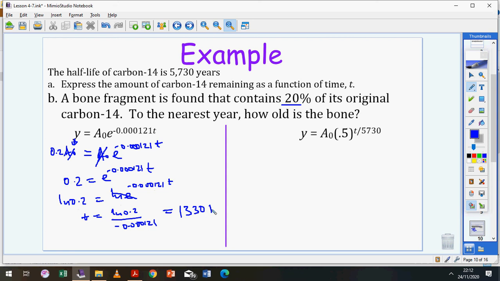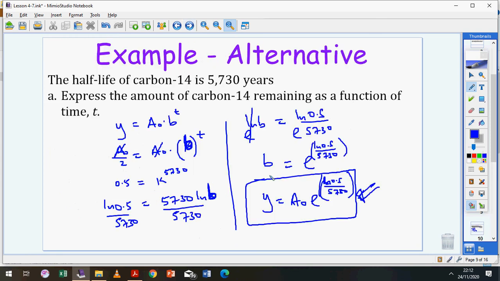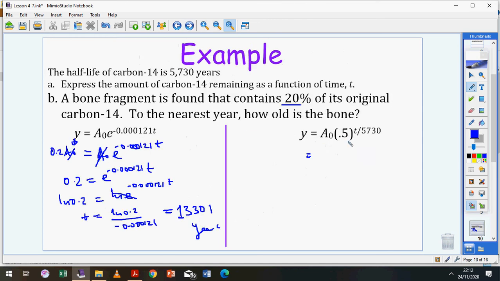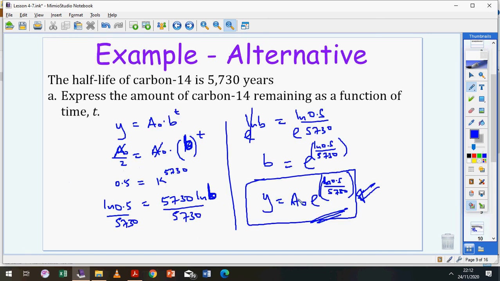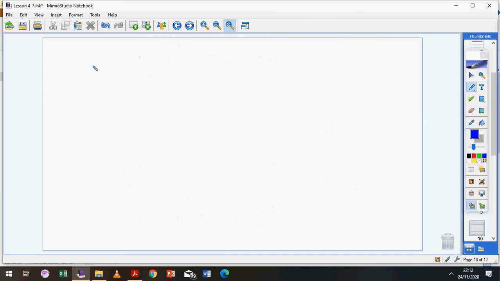Okay. This equation is coming from the previous equation, this one here, which is a simplification. Let me show you how what I have here simplifies to give me this equation, right? So, on the new screen, I have y equals a naught e to the power natural log 0.5 divided by 5730.